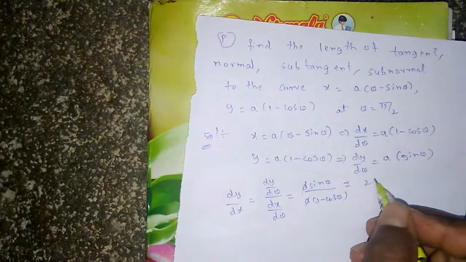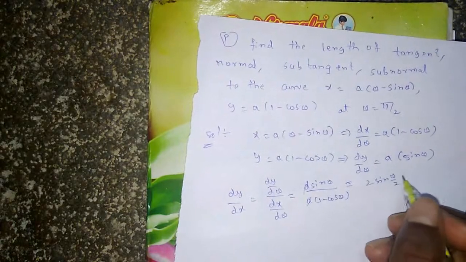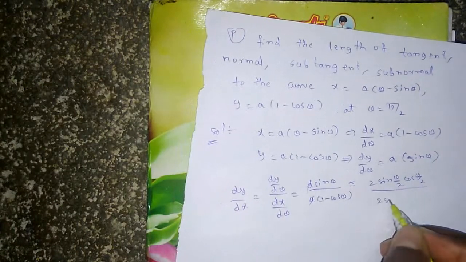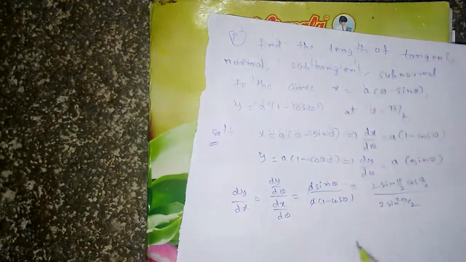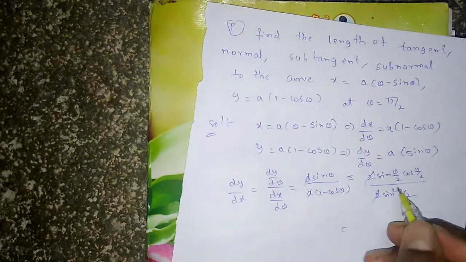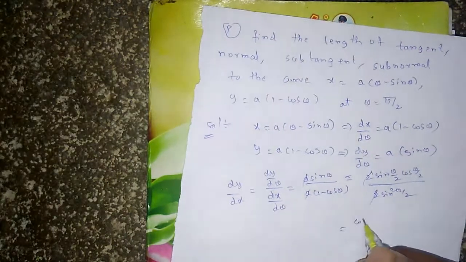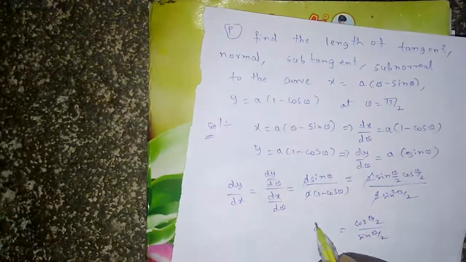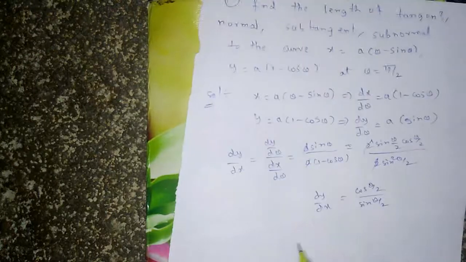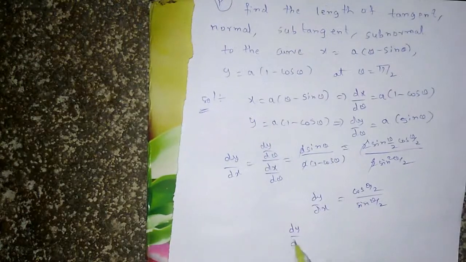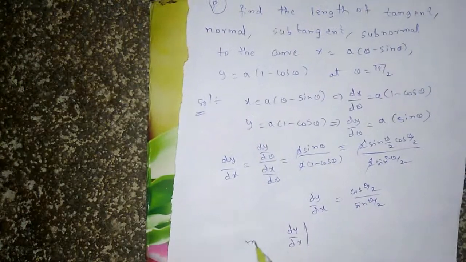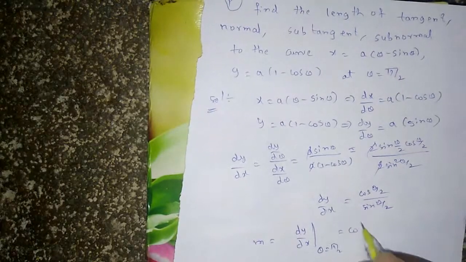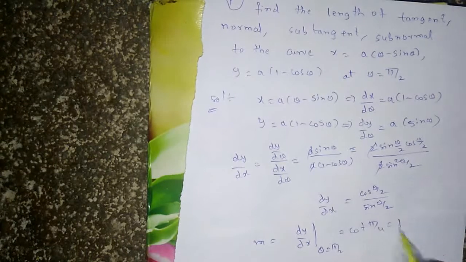Now using submultiple angle formulas, sin theta is 2 sin theta by 2 cos theta by 2, and 1 minus cos theta is 2 sin square theta by 2. Here 2 gets cancelled, one sin gets cancelled, that is cos theta by 2 by sin theta by 2, which is dy by dx. Now theta is given as pi by 2. Therefore m is equal to dy by dx at theta is pi by 2, which is cot pi by 4, that is equal to 1.